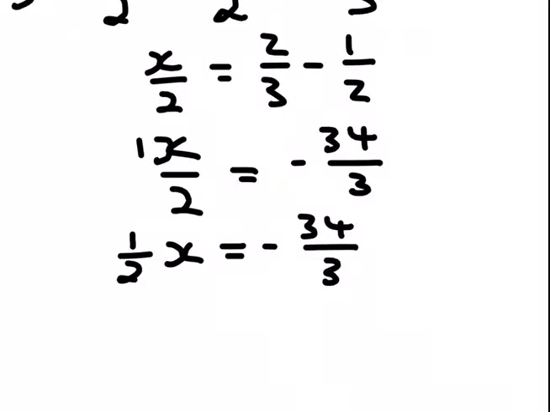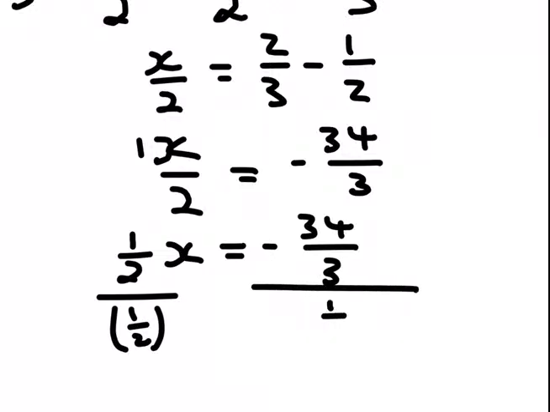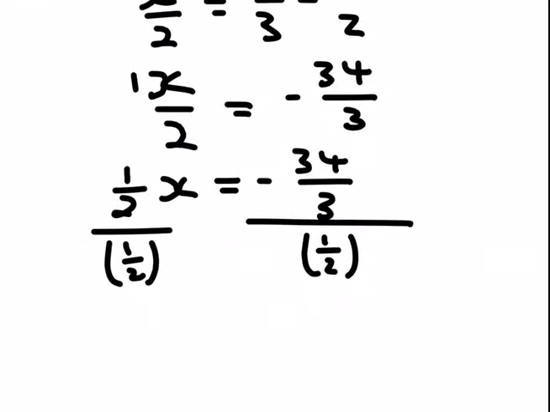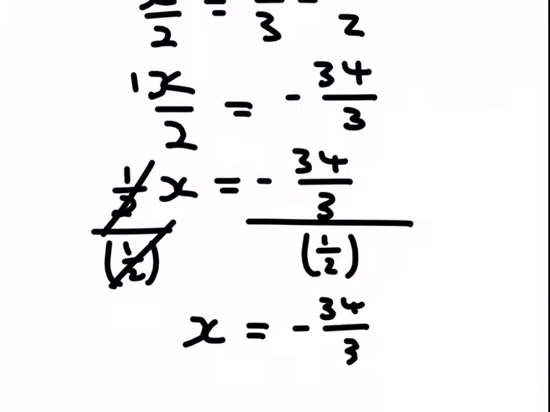Then what you do, you remove that fraction. Remember, whatever you do on the left, you do on the right. Because you are removing a fraction, that's why I put it inside the bracket, so that I will say that and that cancels. Then on your calculator, you will just punch it like this, where you say negative 34 over 3, and then you divide by, you open a bracket, and then you say 1 over 2.